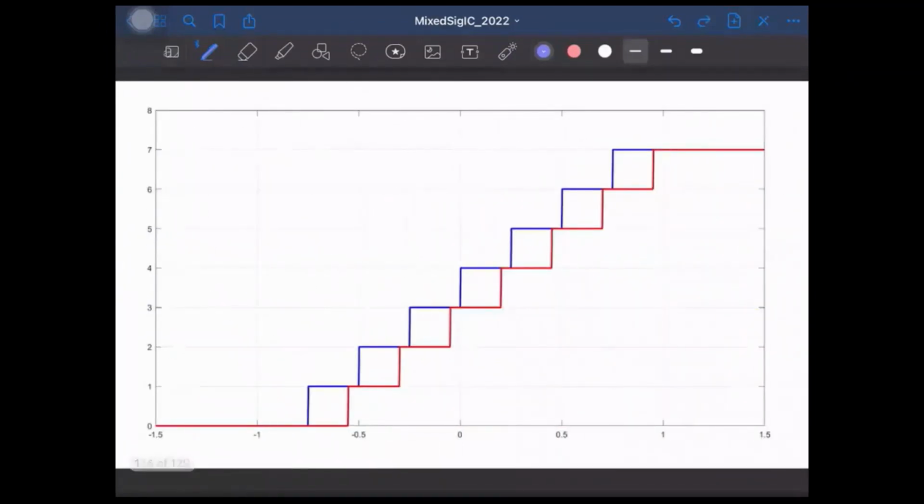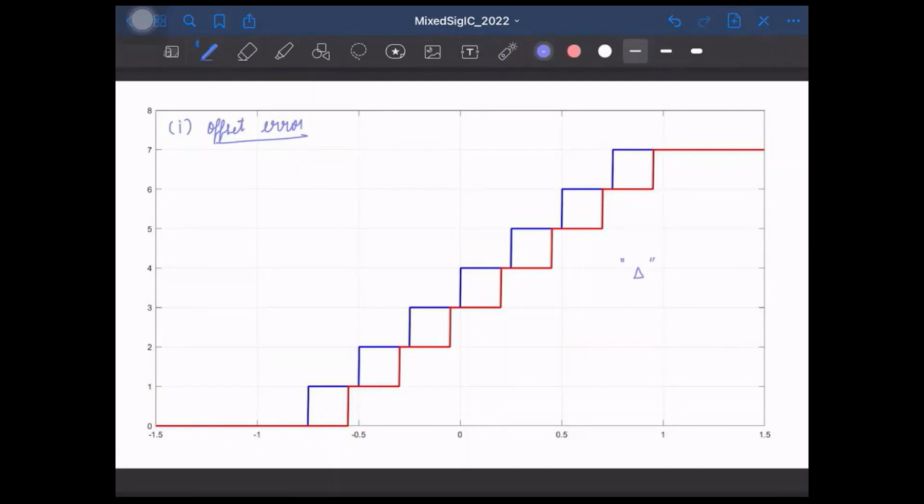In practice, besides these errors of having non-uniform code width for each code, we also have a couple of other errors. So one is called the offset error, where the ideal quantizer characteristic, that is the one in blue, is shifted to the left or right by a constant amount. Okay, so note that here again, the step size for each code is still the same and equal to the ideal value of delta, right?